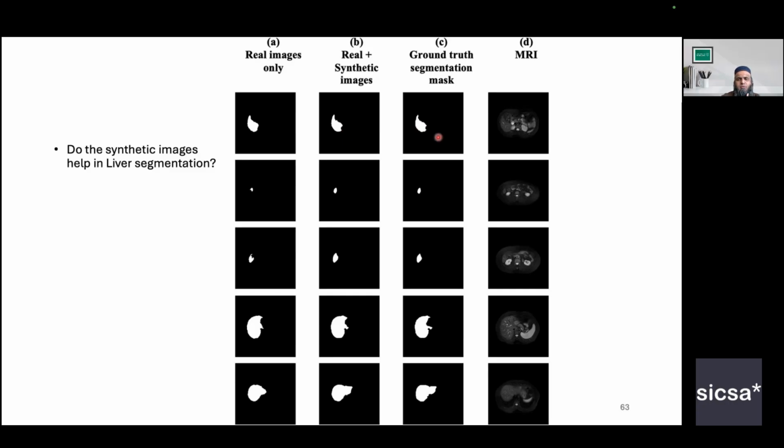These are a few selected examples. Here it is quite obvious in the first row. Even in the second one, it's quite obvious that training with real plus synthetic data has definitely improved the segmentation. For the third one, again very obvious. For the fourth one, even if it's not exactly the same, it is much better when we compare it with the training on real images only. And likewise in the fifth case.